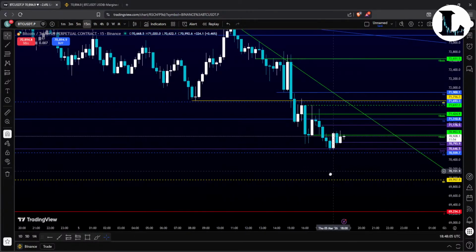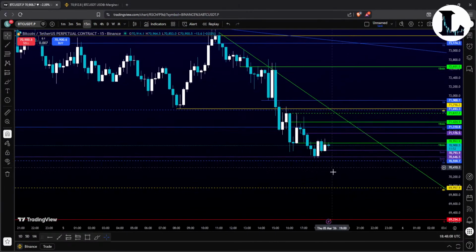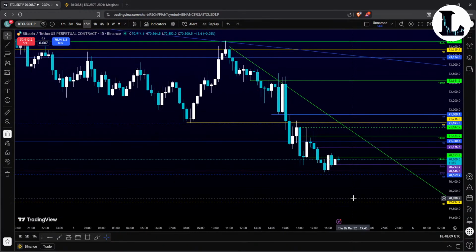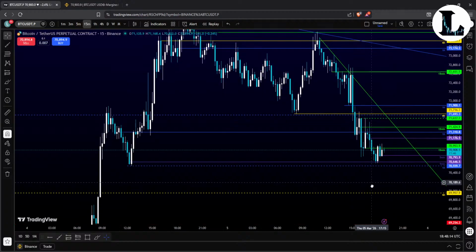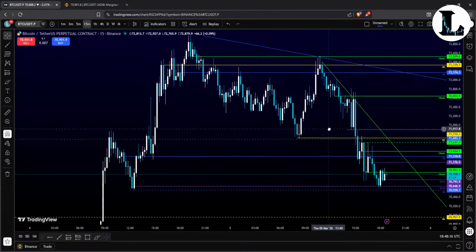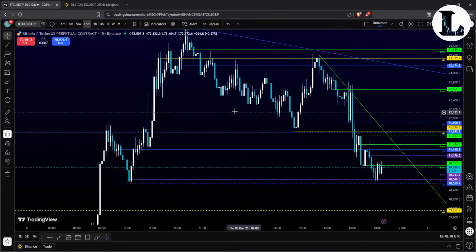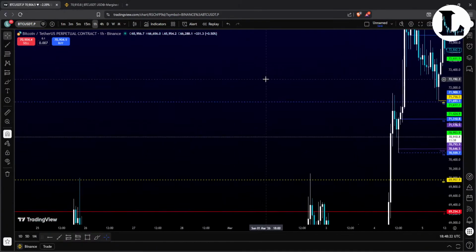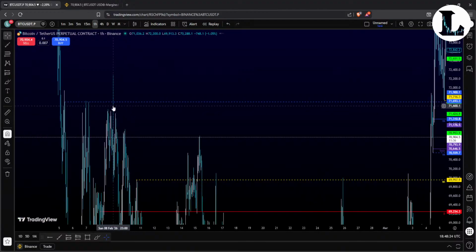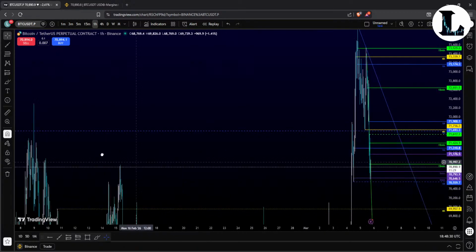Alright, my boys. I hope you guys like these levels. They might seem a little bit complicated, but when you understand them, you are going to understand everything about trading, my boys. Everything about trading. Okay, so this was the liquidity levels, right?